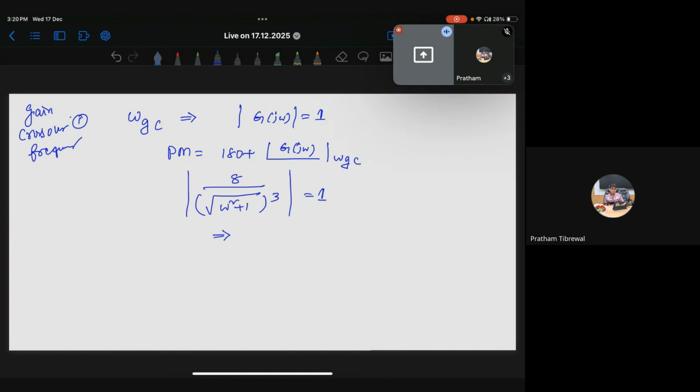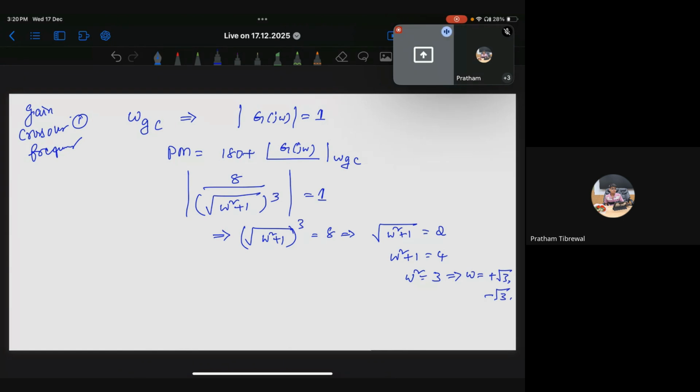That is nothing but root over (omega square plus 1) whole cube equals 8. So omega square plus 1 is 4, so omega square is 3, and omega is plus or minus root 3.